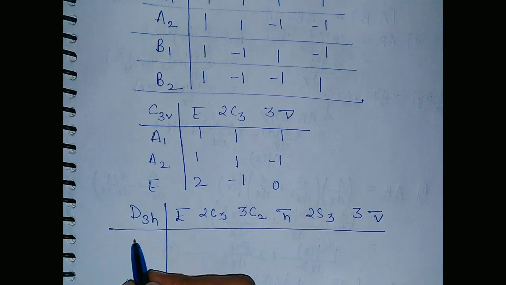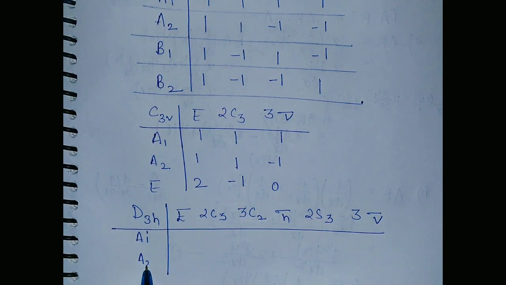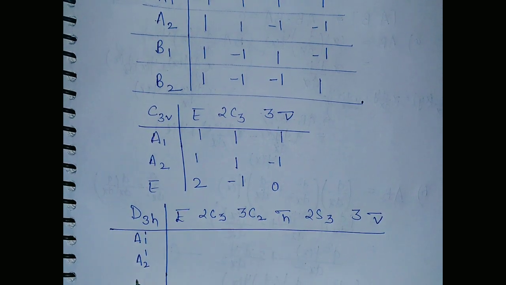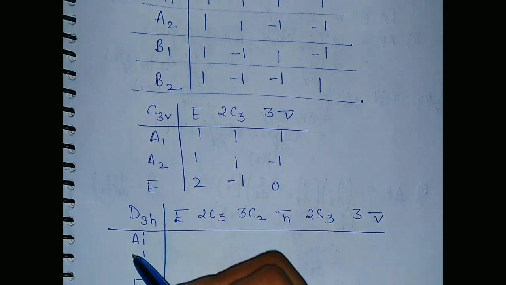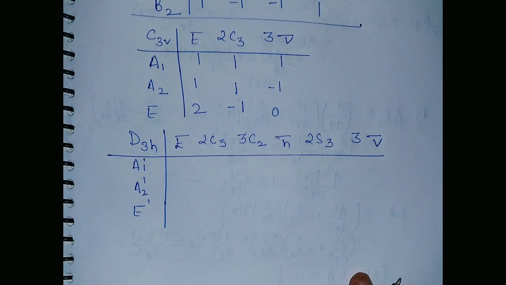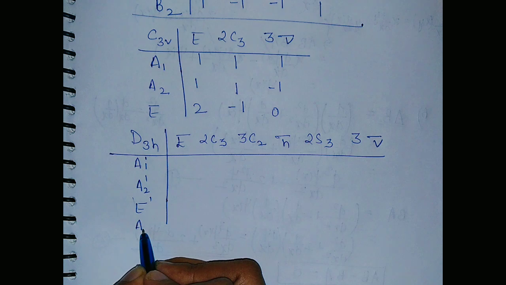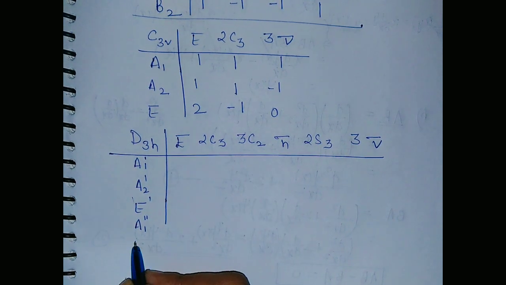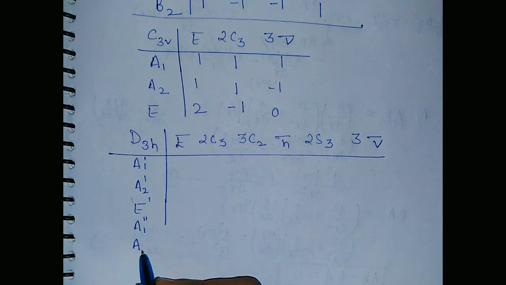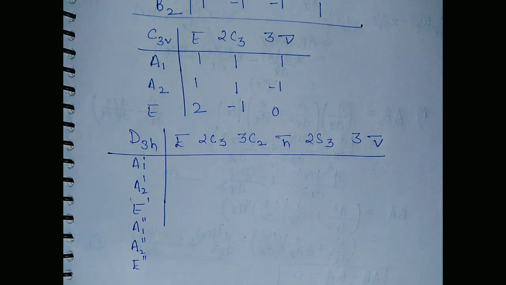Again write A1, just apply a dash, then A2 dash, and E dash, and again repeat this unit. This is A1, now apply a double dash, then A2 double dash and E double dash.